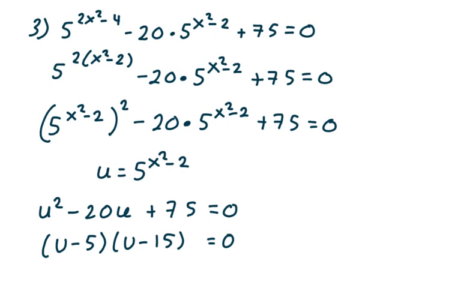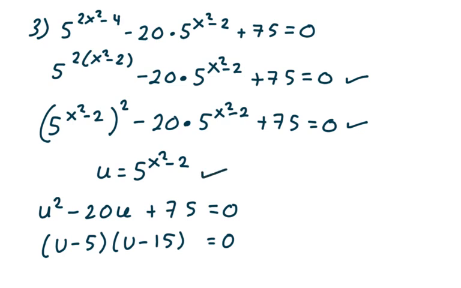And when I do that, I get 5 to the 2 times x squared minus 2 minus 20 times 5 to the x squared minus 2 plus 75 equals 0. But we can write this as 5 to the x squared minus 2 raised to the second minus 20 times 5 to the x squared minus 2 plus 75 equals 0.